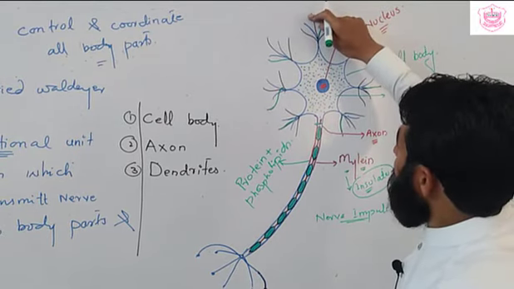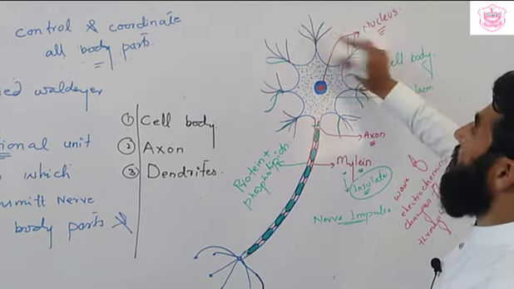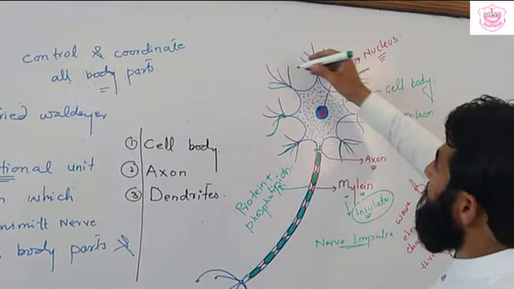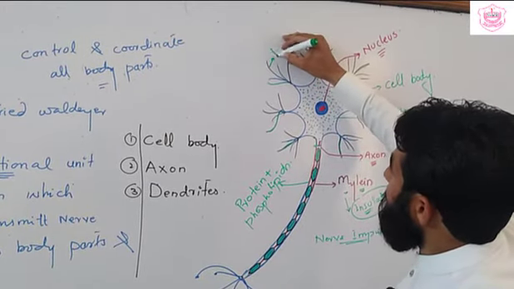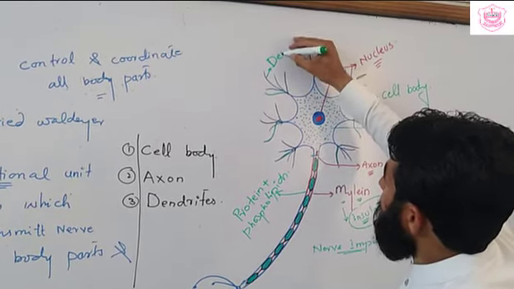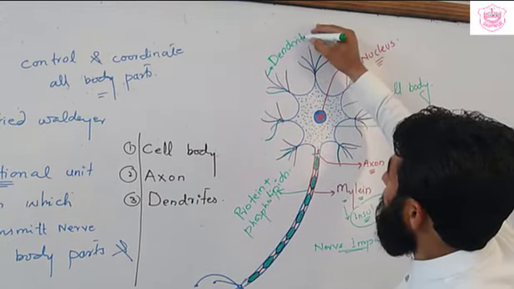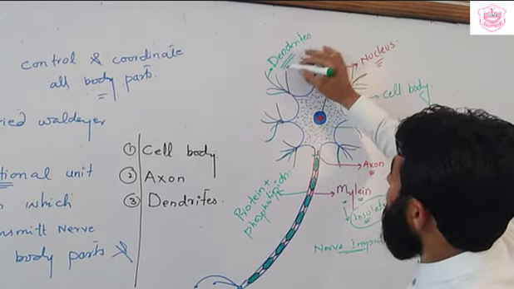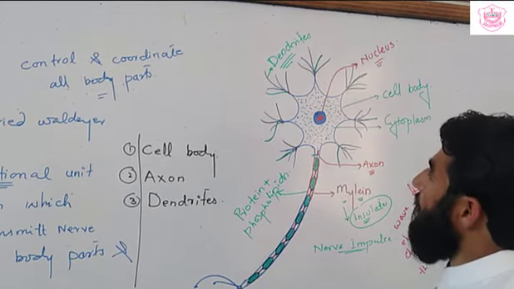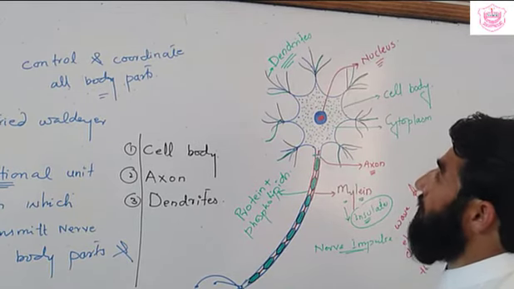Okay, a branched, special structure arises from the cell body. That structure is known as dendrites. Plural is dendrites, while singular is dendron.